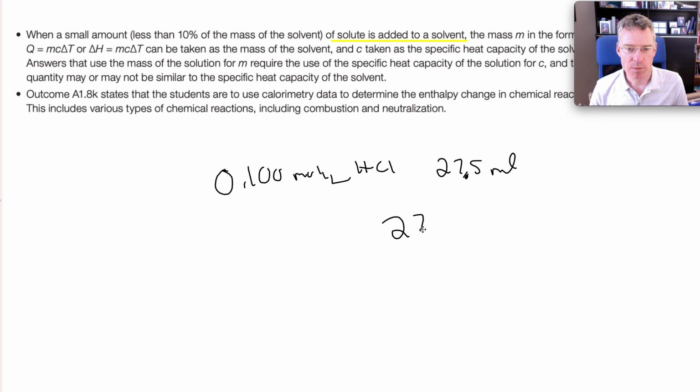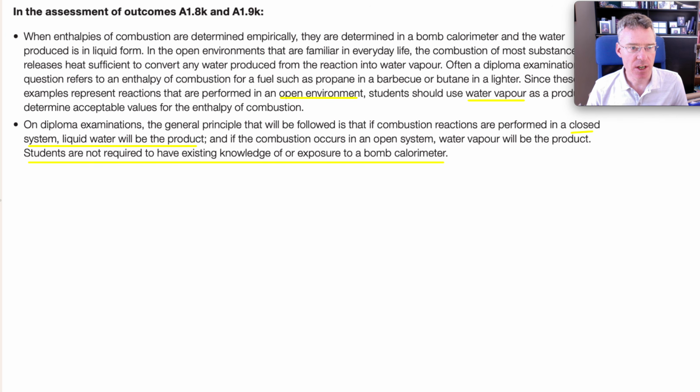So we'd assume this is mostly water, so pretty close to 27.5 grams of water, and you'd use the specific heat capacity of water. You've maybe been doing this and not even realizing you've been doing it with dilute aqueous solutions. Everybody does an acid-base neutralization in calorimetry, typically at the start of a course.